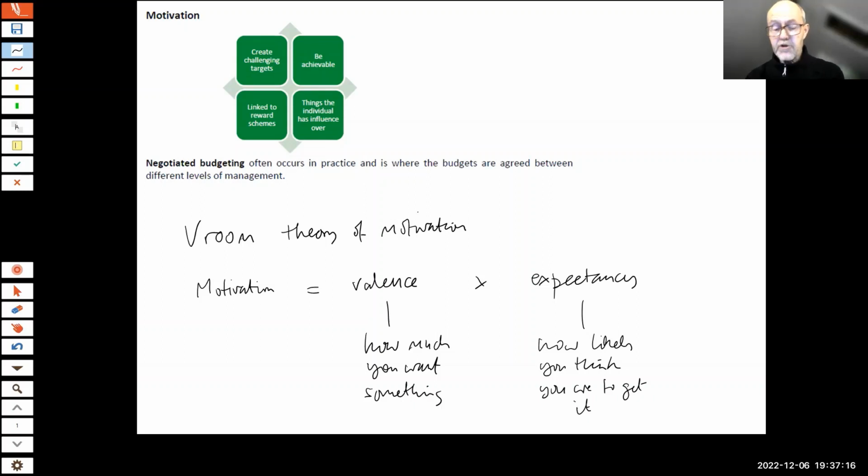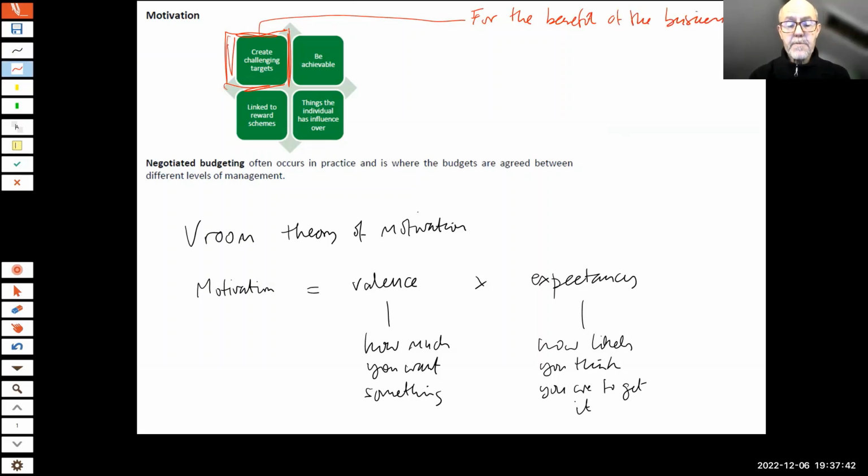Where this fits into budgeting is that, number one, a budget therefore must create a challenging target because the business needs growth. The business needs to achieve. So that's for the benefit of the business. But it must be achievable.